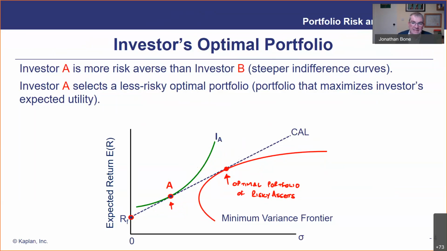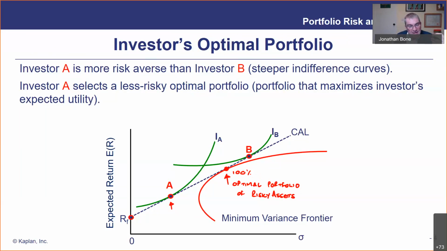Now, investor B here has much shallower indifference curves. Remember, that means they are less risk averse than investor A. As a result, they choose portfolio B. This point here, the optimal risky portfolio, would represent 100% of wealth invested in risky assets. So portfolio B actually represents more than 100% of your wealth invested in risky assets.